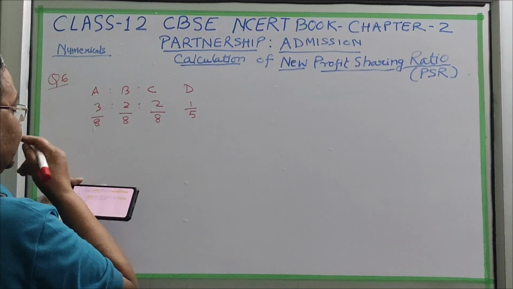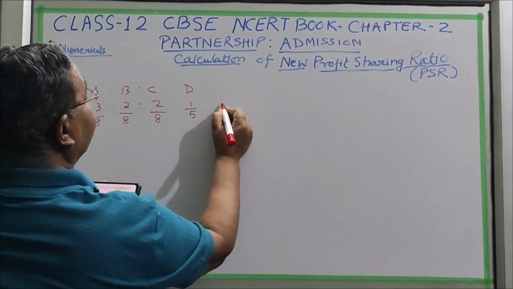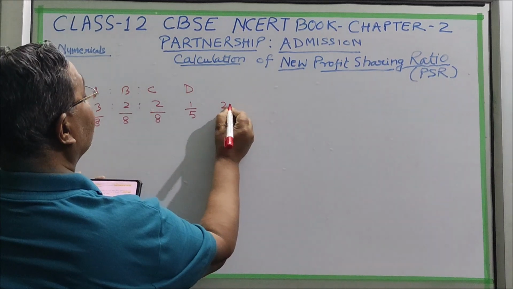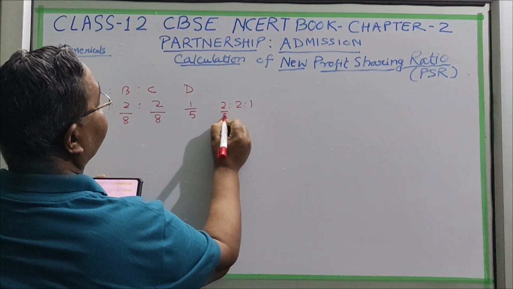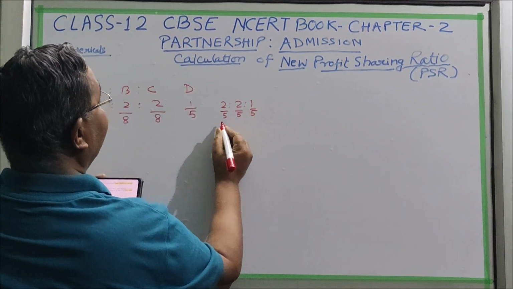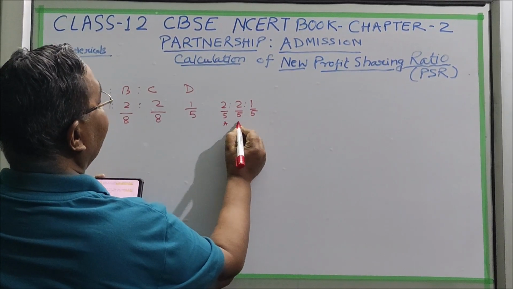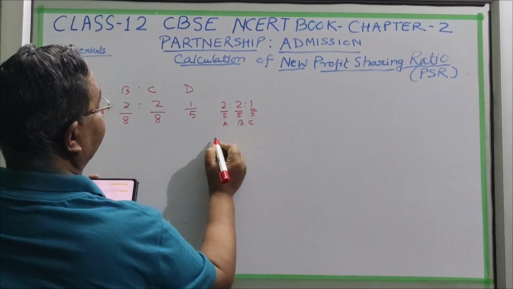In the previous question it was 1 is to 2. Here he is getting it in the ratio of 2 is to 2 is to 1. It means 2 upon 5 and 2 upon 5, and 1 upon 5. He gets from A, from B and C. So 1 upon 5 we have to bifurcate.